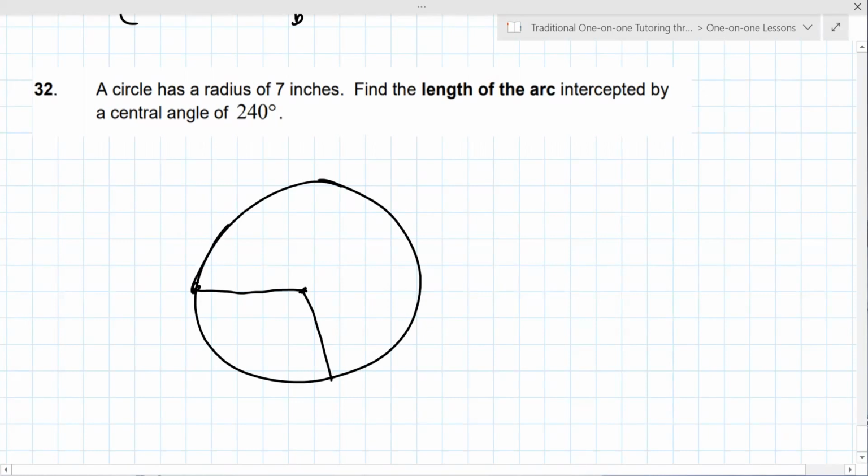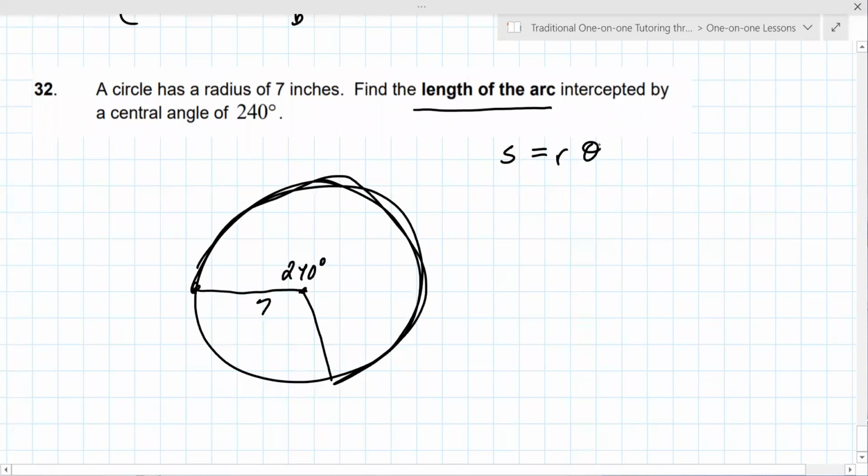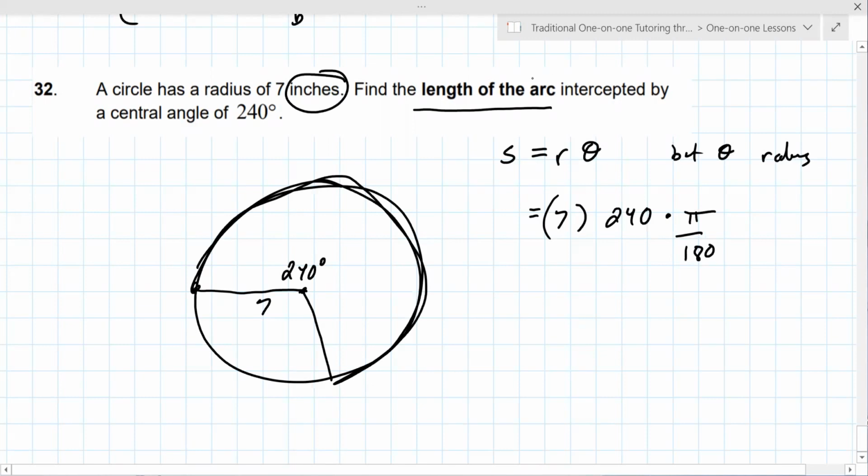It's this all the way around. That's 240 degrees, with a radius of 7. So the length of the arc, S, equals r theta, but theta is in radians. So it's 7 times... How do you convert from degrees to radians? Do you remember that? Pi over 180. There you go. Now this is in inches, and the length of the arc is also in inches.